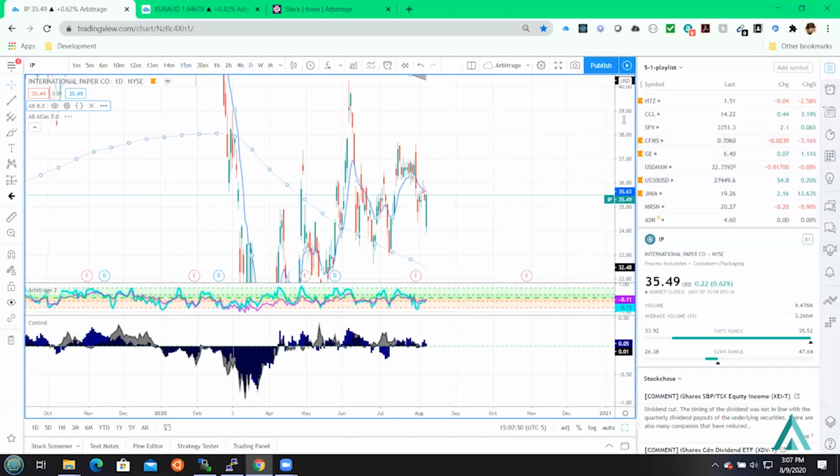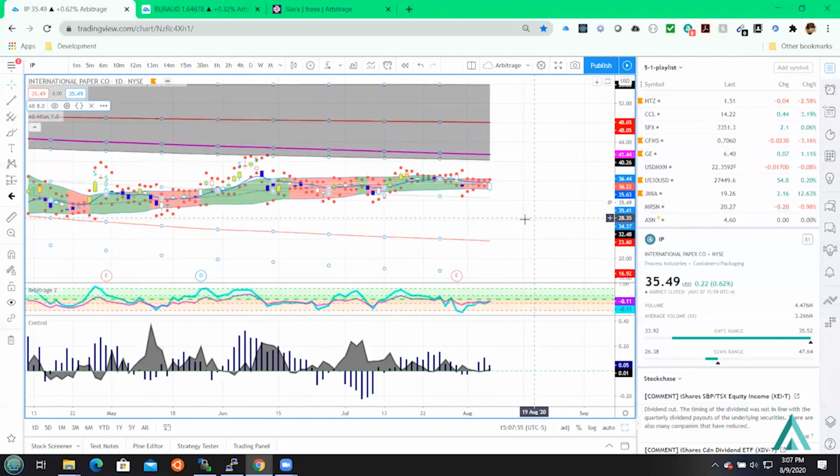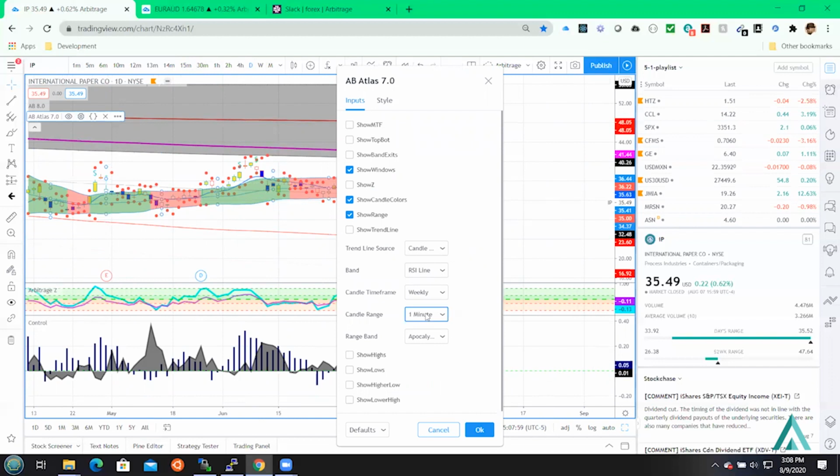Typically by the time I make it up to the daily time frame, however, it's really close and it's not really useful using the 1 minute data. So we have the ability to change it to 5 minute, 15 minute, or even 60 minute, depending on what we want to see. Typically I use the 15 minute.